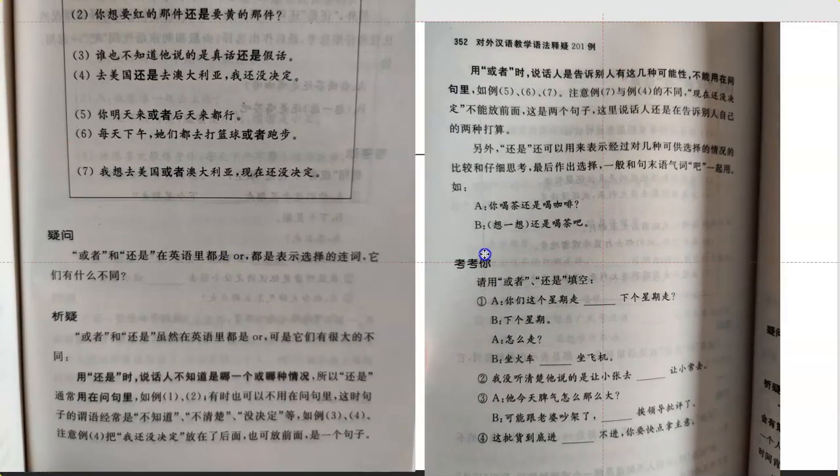For 5, 6, 7, it is 或者. It means the one who speaks tells other people that there are several possibilities.